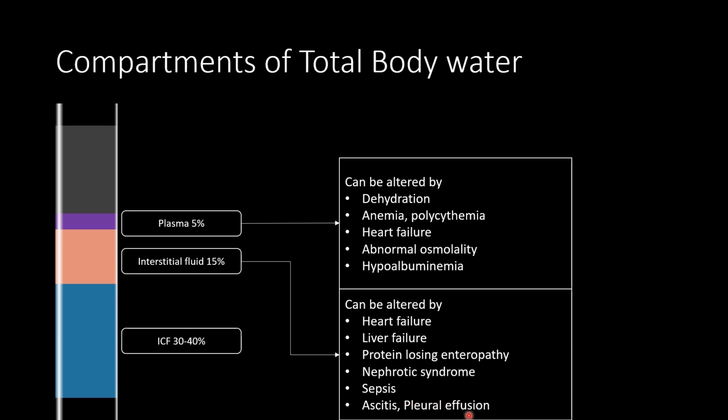So basically what I mean to say here is that we need to learn about the different compartments, because a particular pathology may affect one particular compartment of the total body water specifically. So the predominant water loss or volume loss may be from that one compartment, relatively sparing the other compartment.